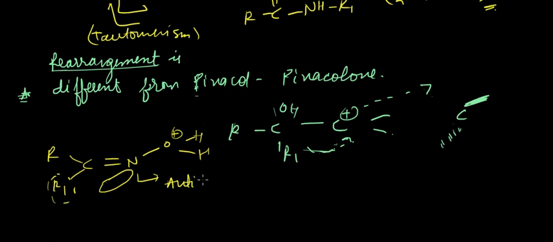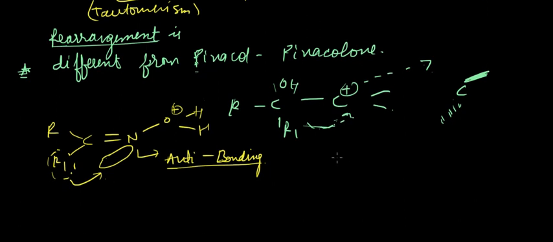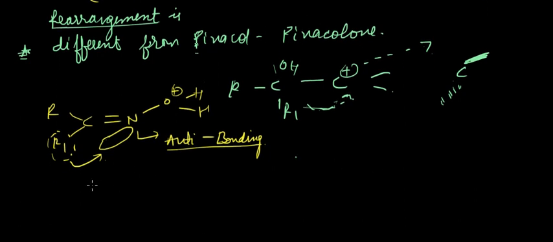We will be discussing what is anti-bonding and other types in our inorganic chemistry lectures, but for this scenario, just remember that R1 would be attacking the anti-bonding orbital of nitrogen atom, hence retention of configuration will take place, not inversion of configuration. We'll see this point in the characteristics as well.